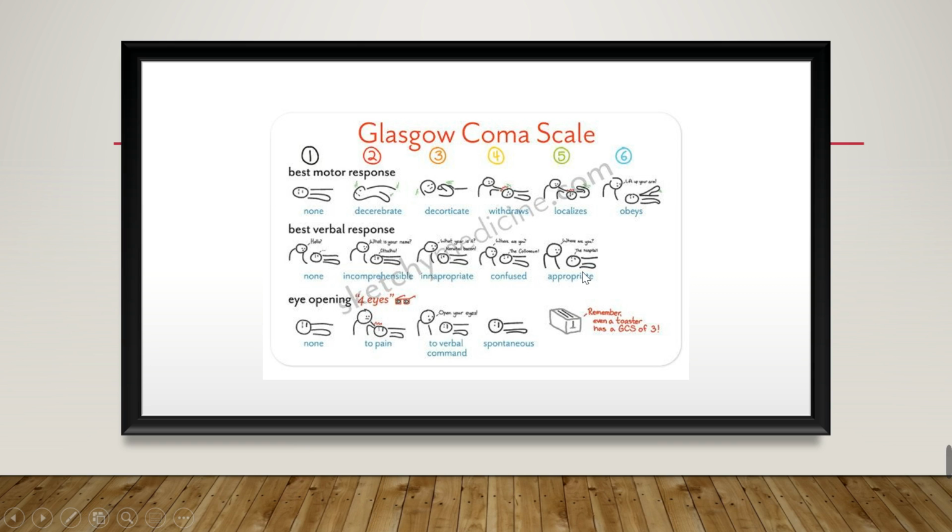Now, this is one way that you can remember. I found this image. So just look at eye opening, 4. Okay, 4 eyes: 1, 2, 3, 4. So none, to pain, to verbal command, spontaneous, that's E. And then V is 5: none, incomprehensible, inappropriate, confused, appropriate.